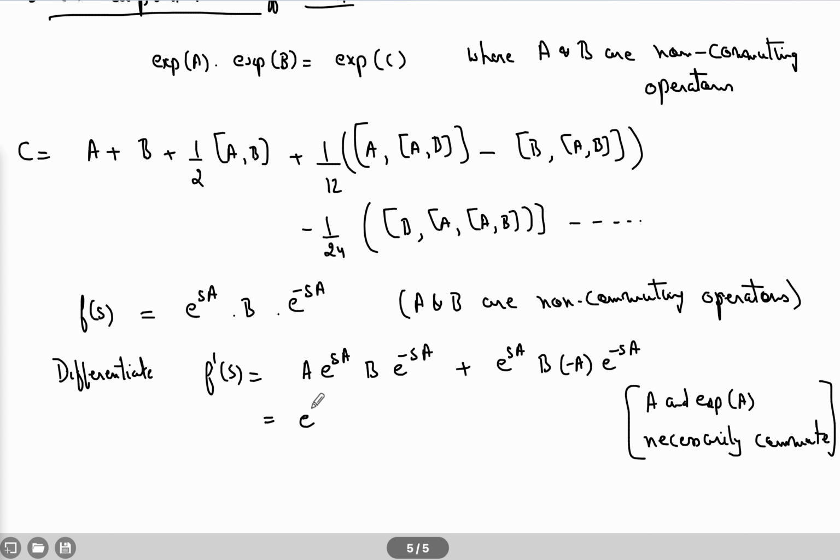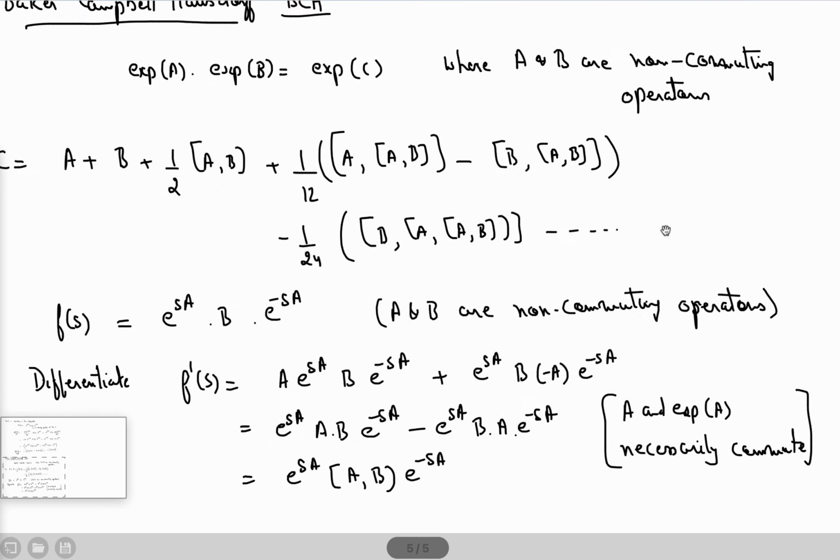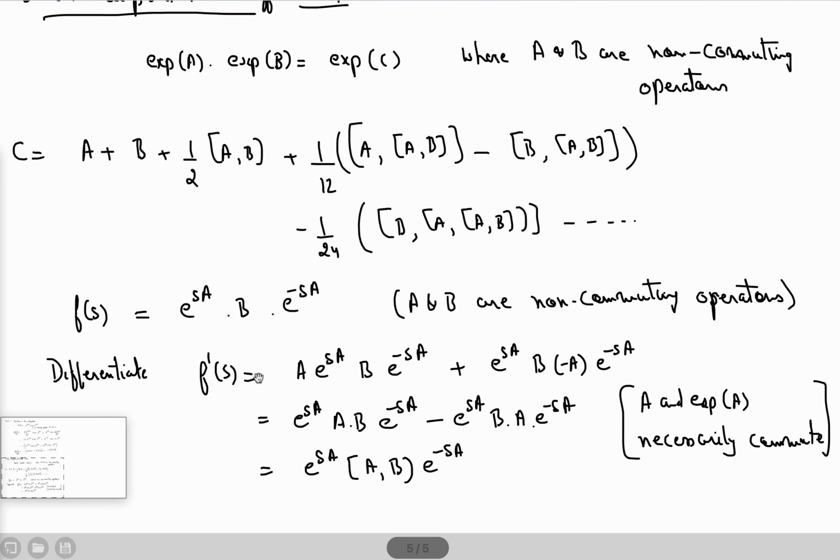That means I have e to the power sA A B e to the power minus sA, and negative over here, e to the power sA B A e to the power minus sA. So what I have here is e to the power sA, commutator of A and B, so AB minus BA, and e to the power minus sA, right? So this is the first derivative of that function. Okay, now let's see what the second derivative will be. Let us again differentiate with respect to s, right? So what do we get?